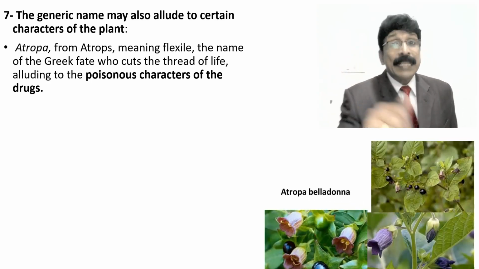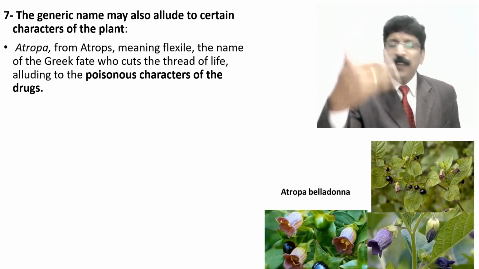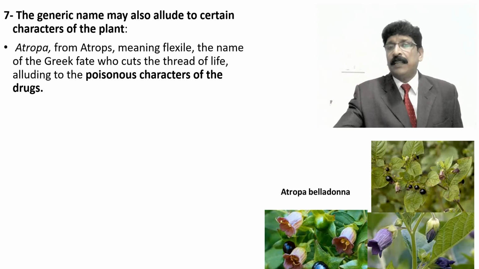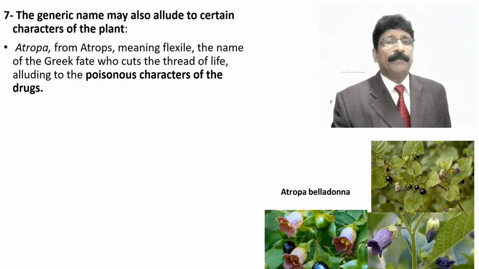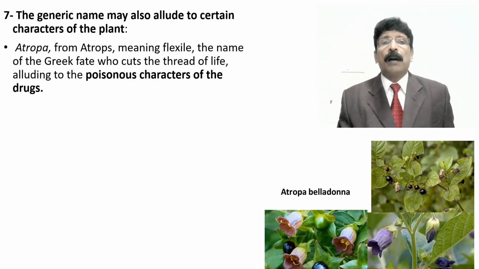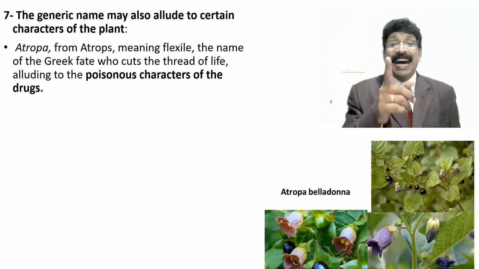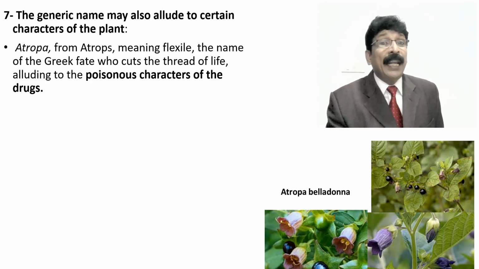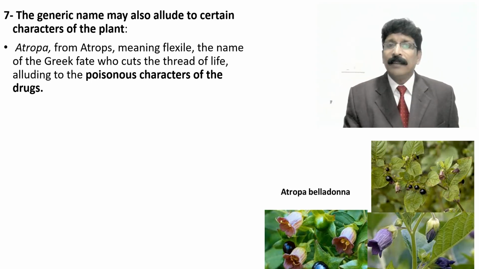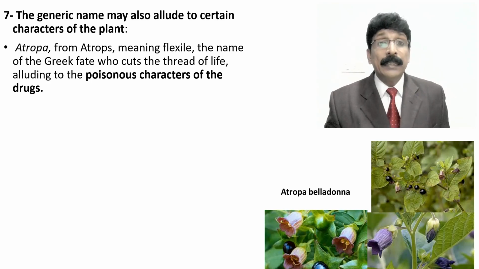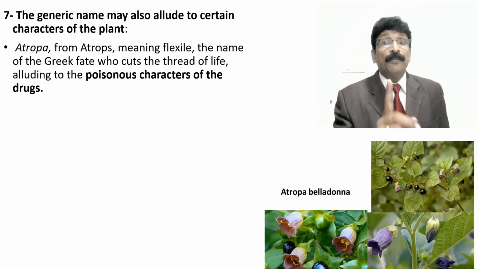That's why this is given Atropa. Belladonna means beautiful lady, that species. Atropa is the genus name, with a capital letter. So this name has a meaning: poisoning, the enemy, life threatened.